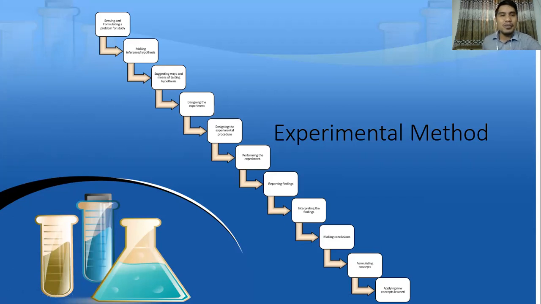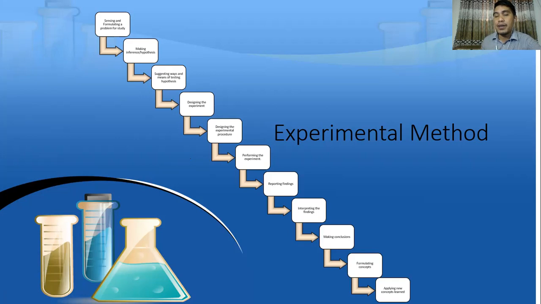This can be brainstormed inside the classroom, and then you design the experiment. For younger ones, you can assist them in designing the experiment. But for those who are ready, you can probably ask them to do the designing of the experiment and the experimental procedure. So what are the processes that they are going to undergo in order to answer the problem? And then they perform the experiment.